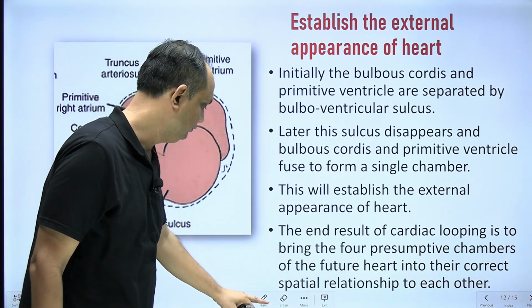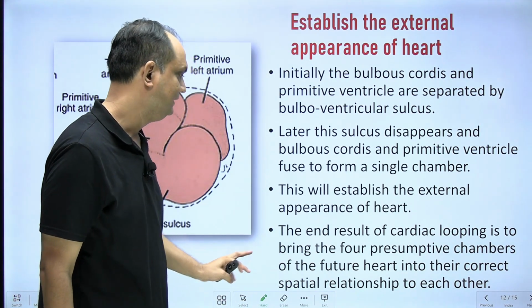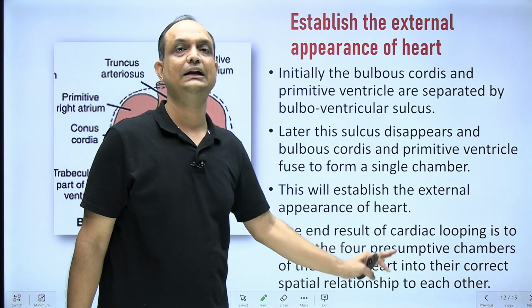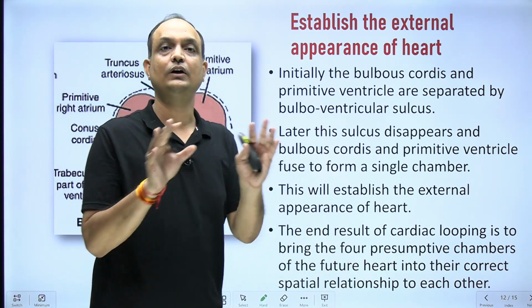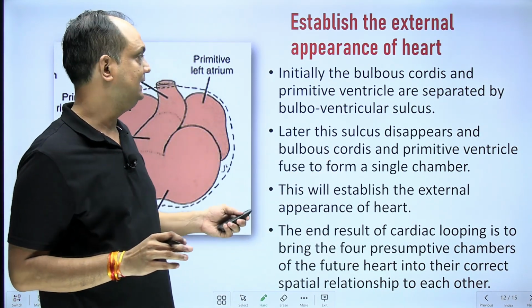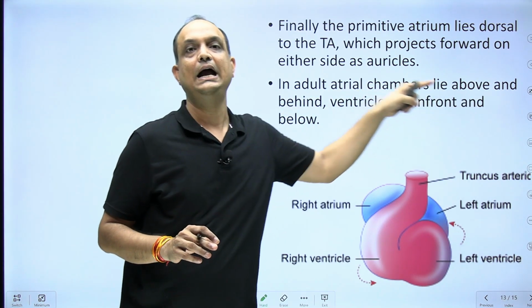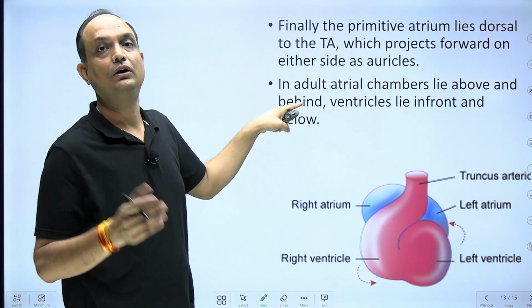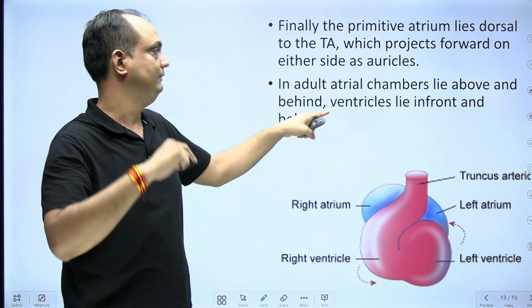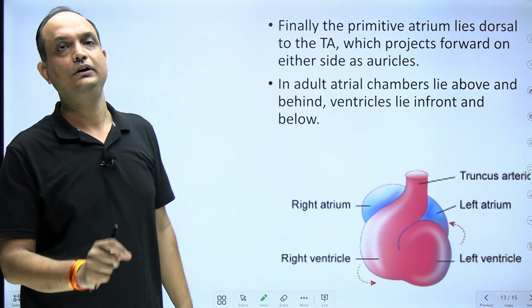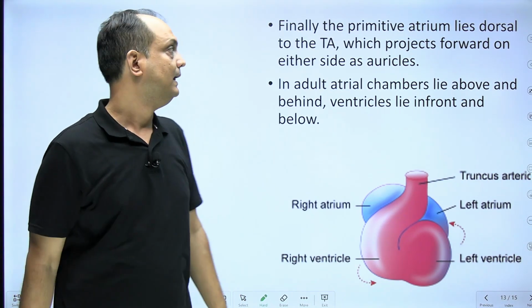Now you will realize that once the looping is completed, all four chambers get their adult position. What is the adult position? In adult position, your atrial chambers lie above and behind, that means dorsally and above, and ventricles come in front, that means ventrally and below in your developing heart.